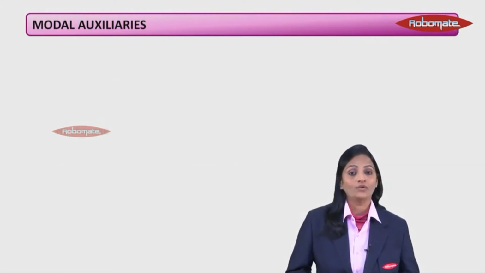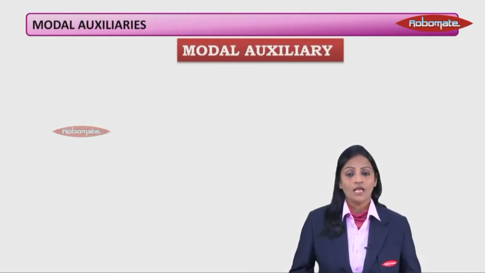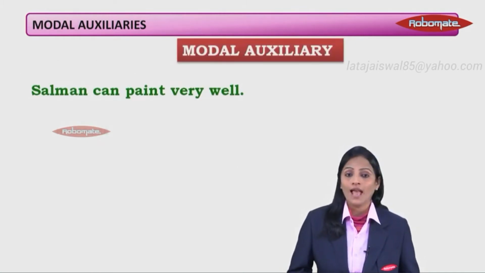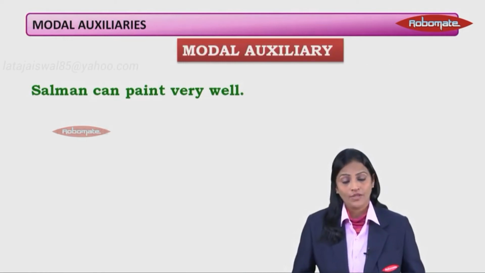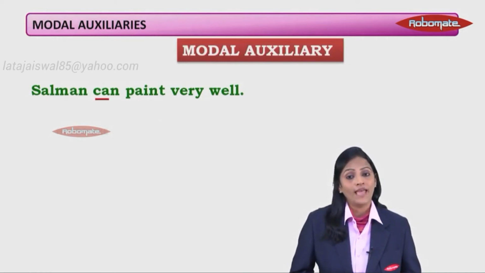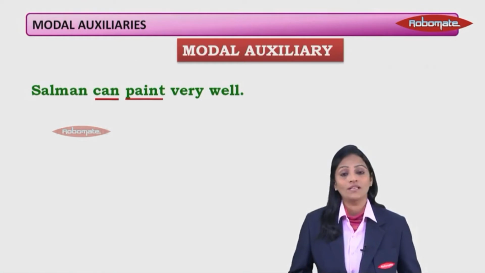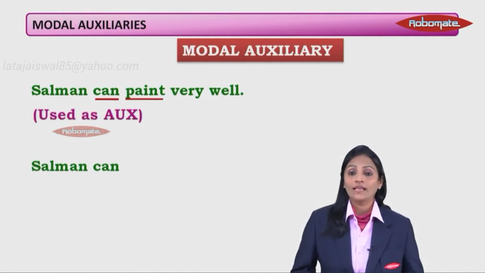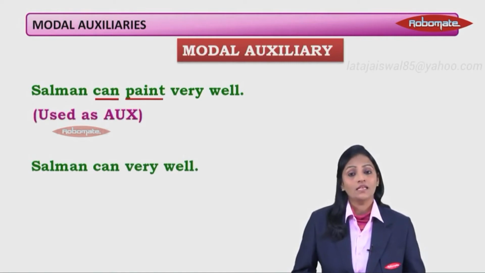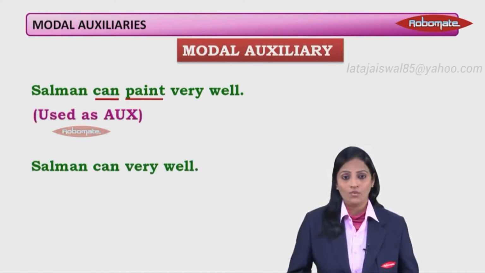And let's take a look at modal auxiliaries. Now, in this case, Salman can paint very well. Once again, can paint. Okay, look at the first verb can. We know that it is an auxiliary verb. So, here can is used as an auxiliary verb. But let us take another sentence. Salman can very well.